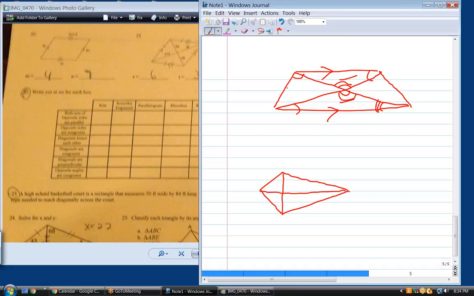This side is congruent to that side, and that makes these two triangles congruent. This one and this one. And if those two are congruent, then that side has to equal that side, and that side has to equal that side, meaning they do bisect one another. So we get a yes there.